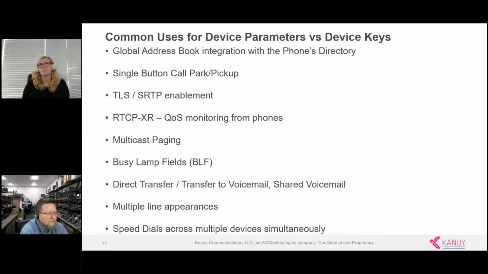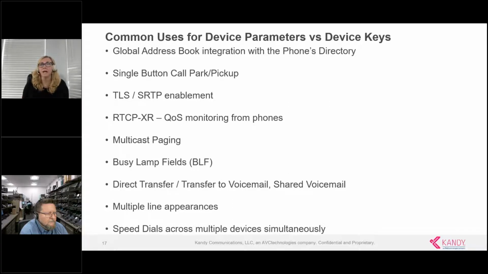Another is setting up some of these busy lamp field parameters that are a little more than what device keys can do. If you want to set a direct transfer, which is like a blind transfer, versus overriding, maybe if a supervised transfer is the default, you can do that here. You can also set up a transfer to voicemail button, some shared voicemail parameters.